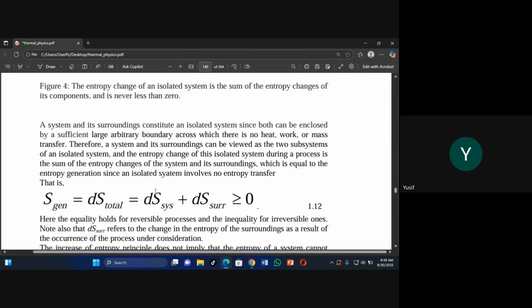It means the entropy generated is the same as what? That of the system plus that of the surroundings. That would be the total of the entropy within the system, or the entropy generated. They say always this is greater than or equal to 0. So in this case, you are not assumed to get an entropy generated with a negative value.